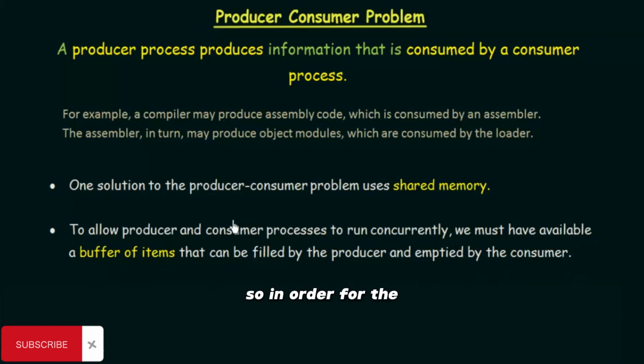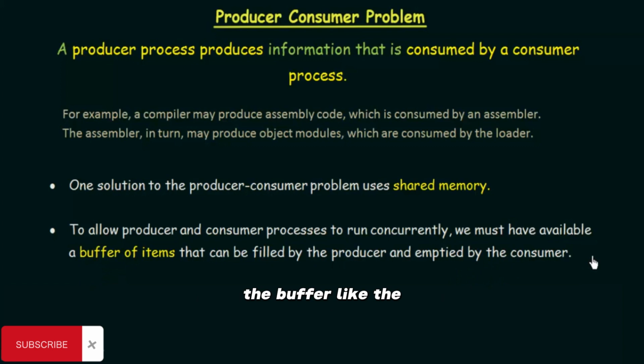A buffer is a place in which the producer can produce the information and fill it. The buffer will be filled by the information produced by the producer, and the consumer will consume from the buffer and empty it.